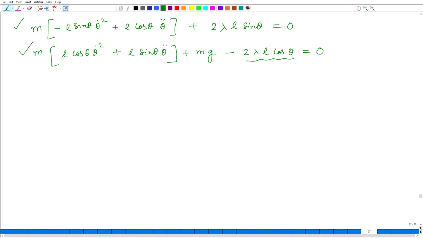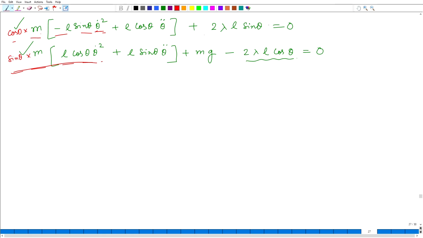Okay. So, now what you will do, you will simply multiply cos theta with this whole thing. So, cos theta you multiply, okay. Here you multiply sin theta with the whole thing and then you add them up. If you add them up, then you again see that the first term will go away with this term. Okay. So, it will be minus m l sin theta cos theta theta dot square, here it will be plus m l sin theta cos theta theta dot square.